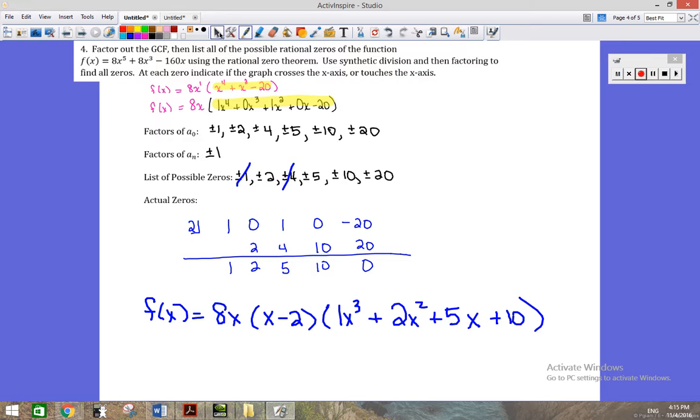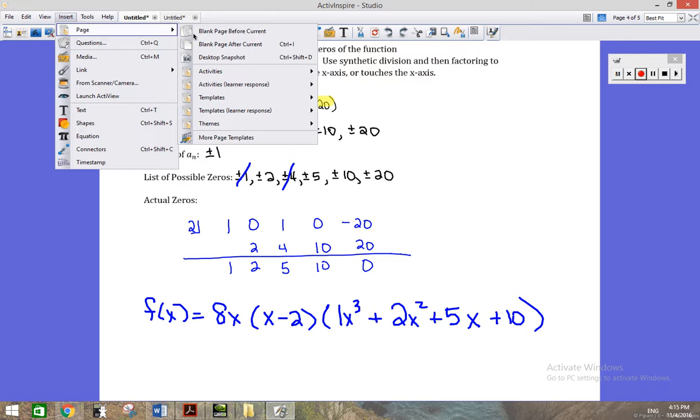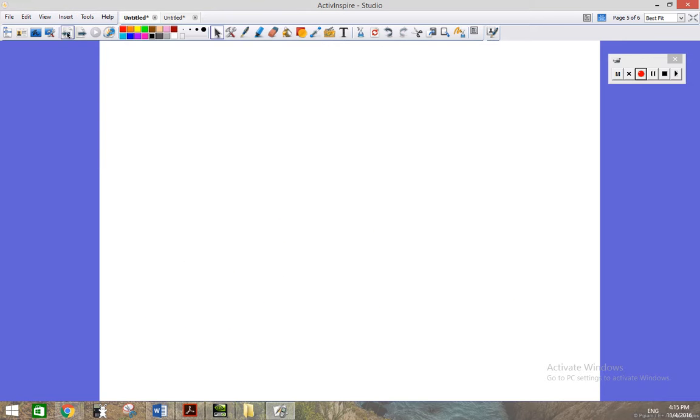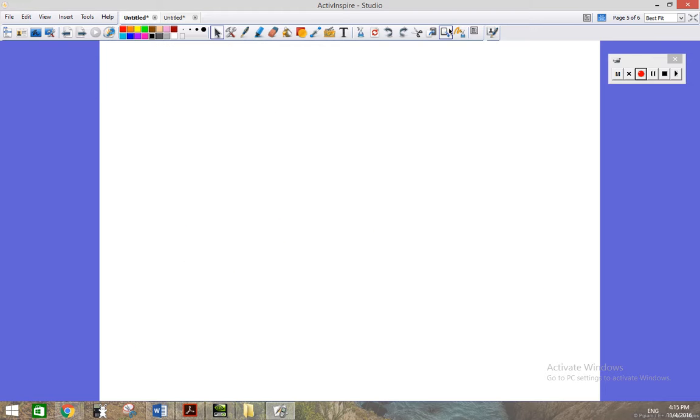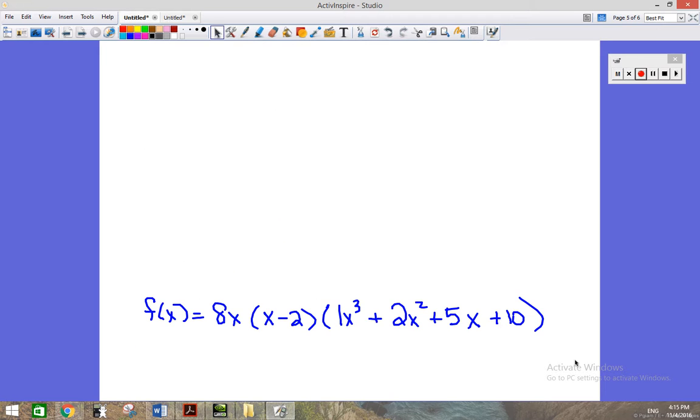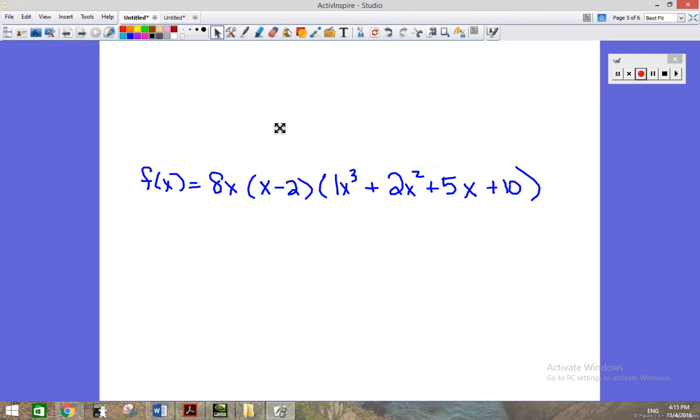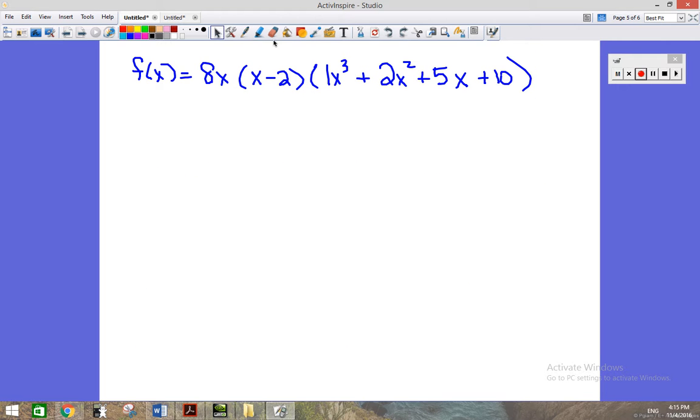All right, now let's take this to another page. I claim that we can factor this, that we have the skills to factor that.